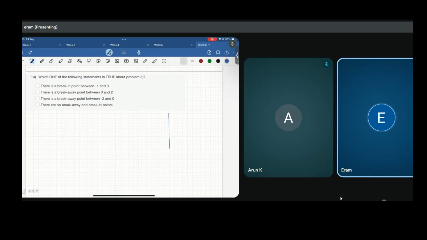So first let's draw our poles. Okay. Now from here we can see there are no consecutive poles or consecutive zeros, but with this we cannot conclude that there will be no breakaway or break-in point.